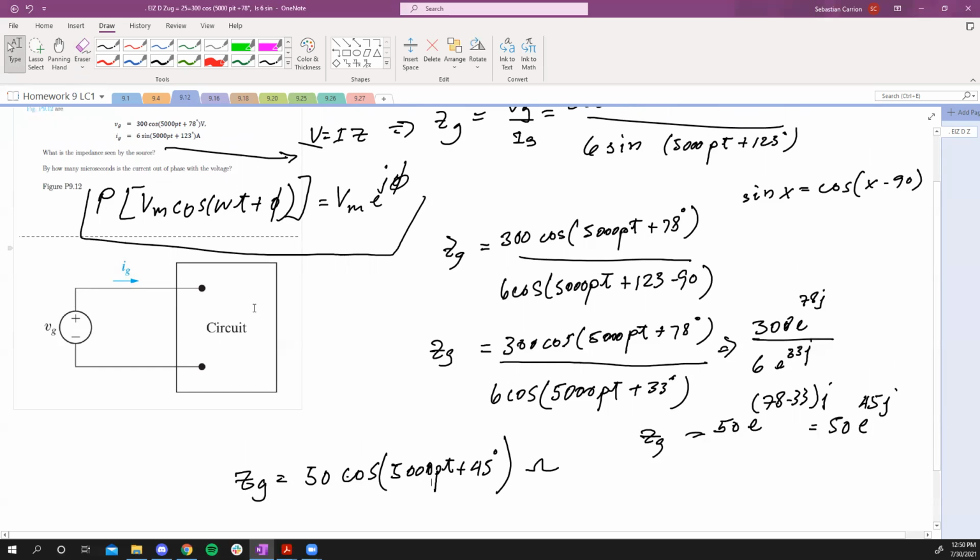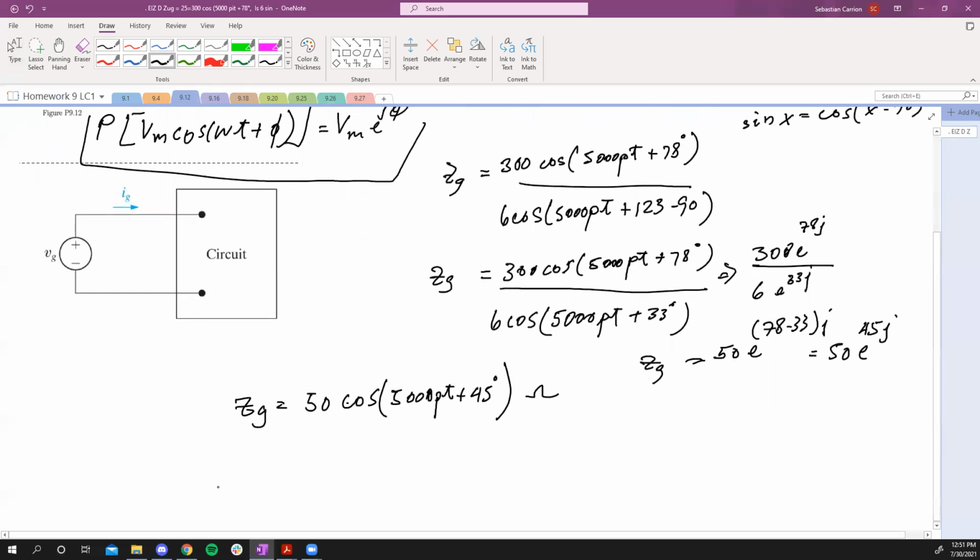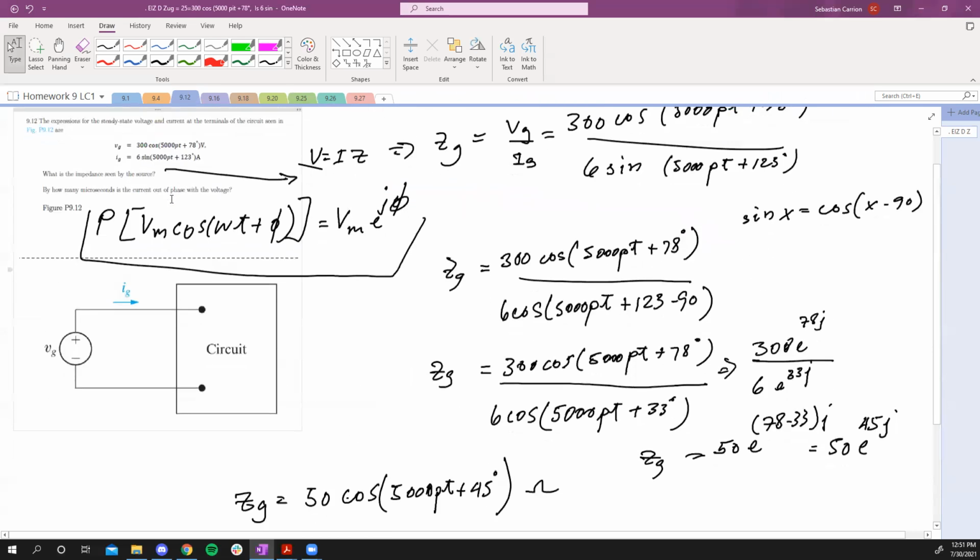And so now it's asking by how many microseconds is the current out of phase with the voltage, right? So we know our angular frequency is 5,000. I think what it means by P here is pi, from the book, or I'm going to assume that.